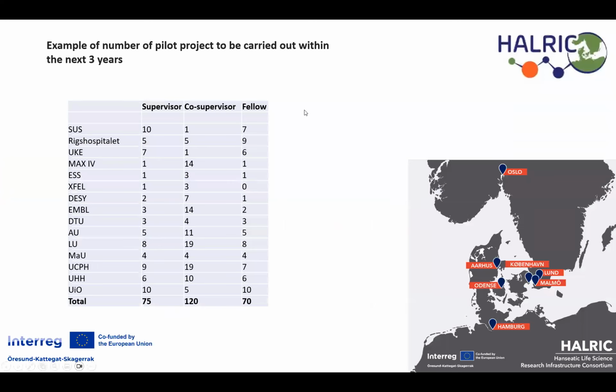As an example with respect to how much funding was granted, this is just an example. The numbers can switch between the organizations, but the goal is to aim for roughly 75 different pilot projects during the next 3 years under the HALRIC project.